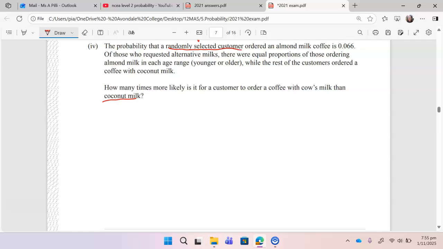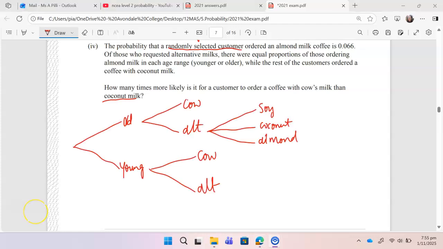So we first need to redraw the tree diagram and then extend it to add the coconut and almond coffee. So to extend the original tree, we now have these three branches for the alternate milks.